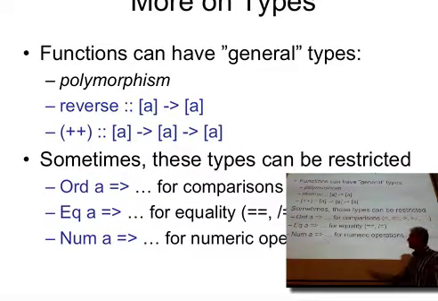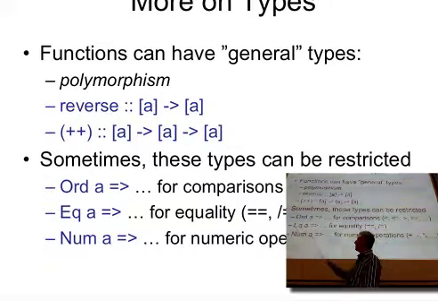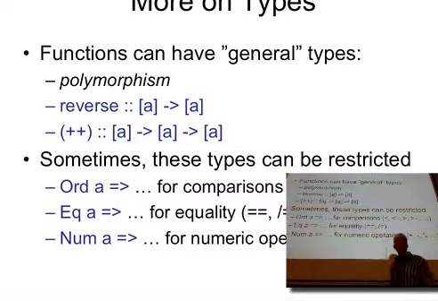Another example that we've seen before is where we have a constraint requiring the use of an equality operation on the type. For example, if you wanted to ask whether an element is found in a given list, in order to know whether a given element is the same as one of the elements in a list, you have to be able to compare them to see whether they're equal.